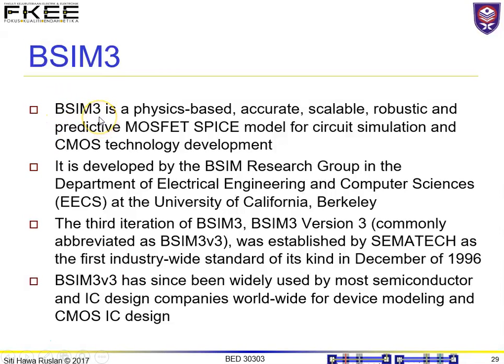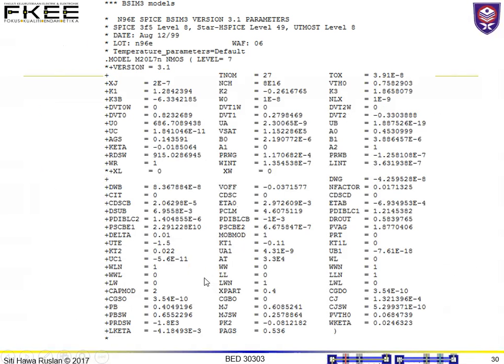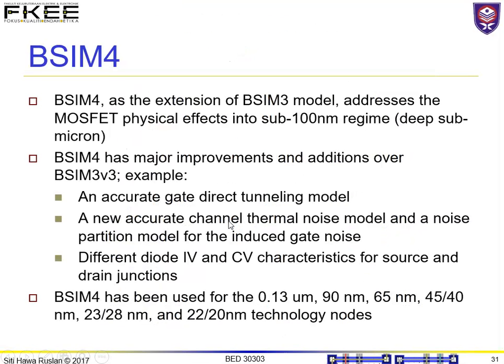Basically, for the simulation that we will use in Synopsys, it will be BSIM3. There are several versions actually for BSIM3, and see, these are all the parameters that describe the behavior of the transistor in the BSIM3 model. Now we have BSIM4, which is the extension of BSIM3.